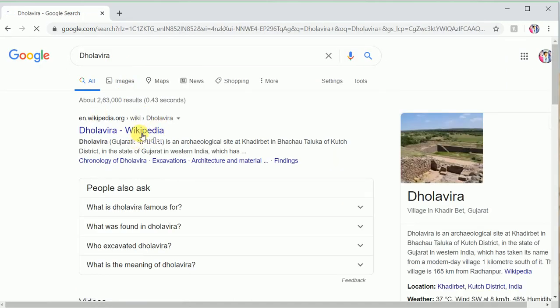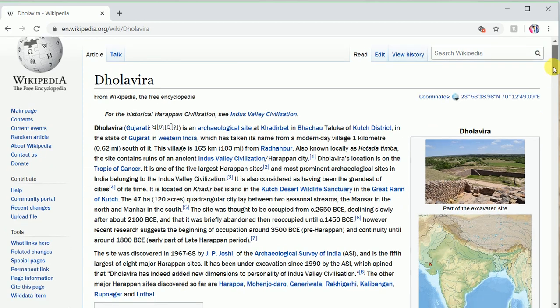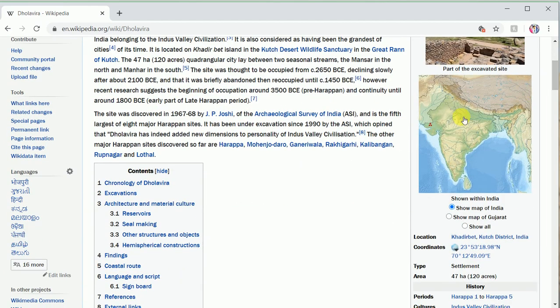Okay, it is open on Wikipedia because it will give us a quite good picture. As you can see, Dholavira, and we already know that it is one of the archaeological sites in Indus Valley civilization. So here you can see the three dots given here. Okay, that is Dholavira. It is already given here.